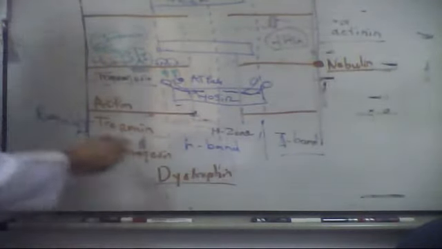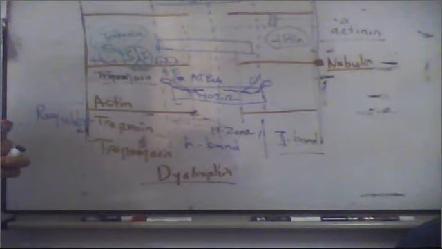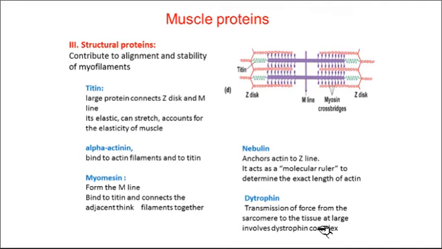Then we have a protein called myomesin, and this myomesin forms the M line. Lastly, we have the protein called dystrophin. Dystrophin brings the muscle tension created by the sarcomere to the sarcolemma.